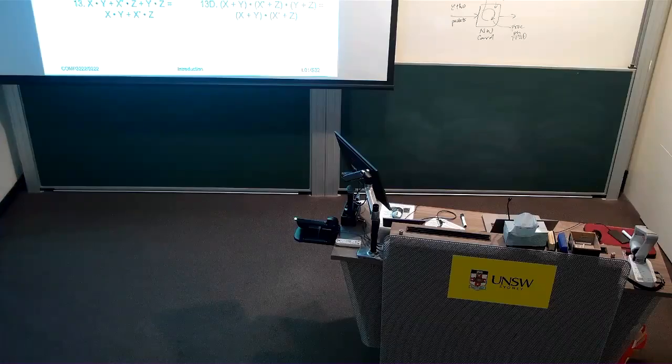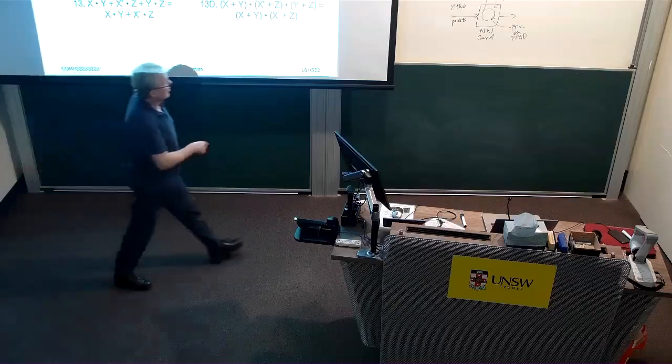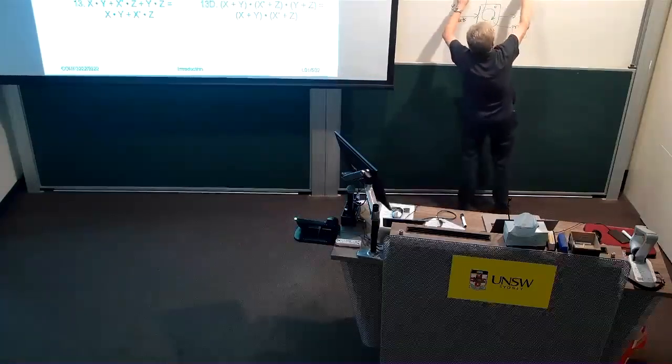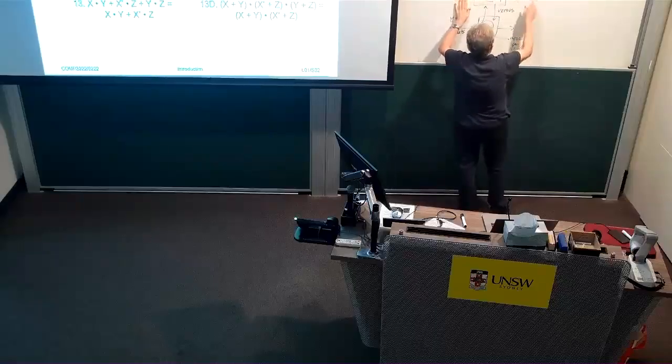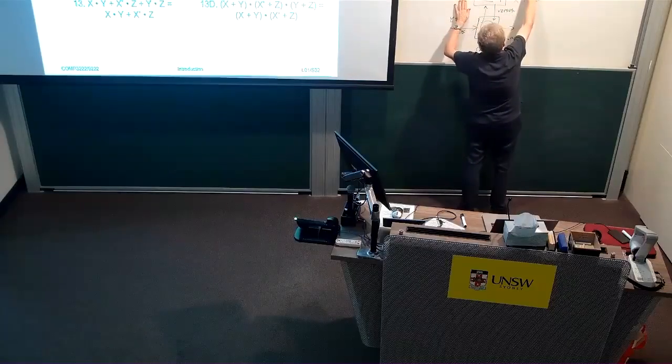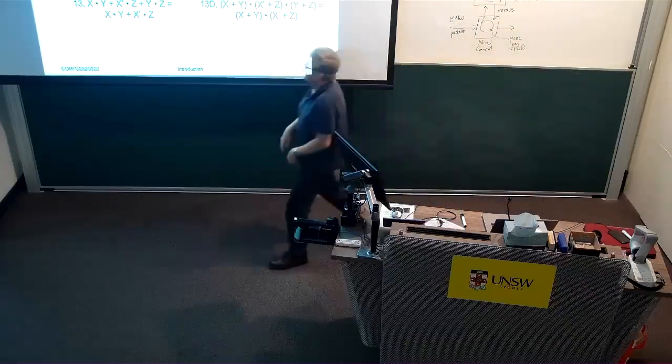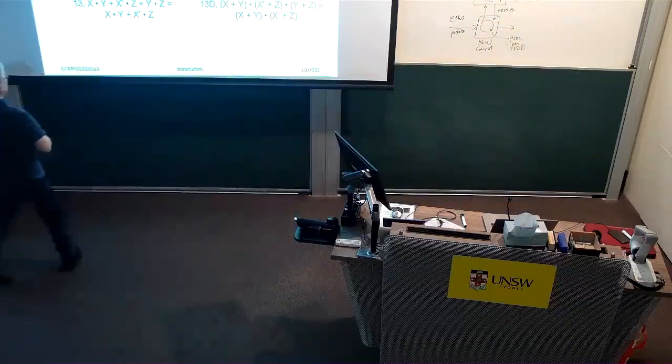At Law 10, we have the so-called absorption law, which is essentially summarized here. I used that a couple of times to get rid of Z here and then Y, etc. So that's commonly used.